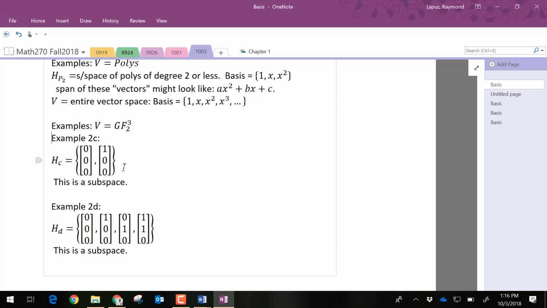We only have two elements in the subspace, the 0 vector, which always has to be in a subspace, and the vector 1, 1, or 1, 0, 0. Let's see if we can find a basis for this. The basis is going to look like, well, we have these two vectors.